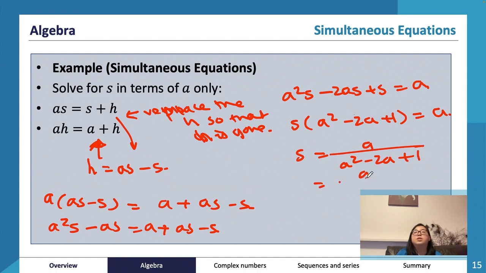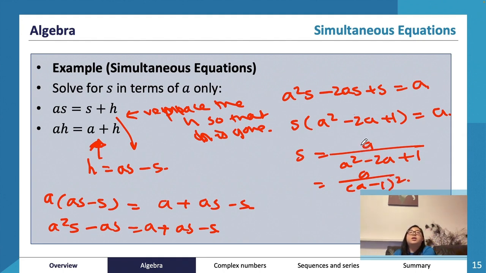Or otherwise known as just a over, sorry, a minus 1 squared. Cool. Awesome.